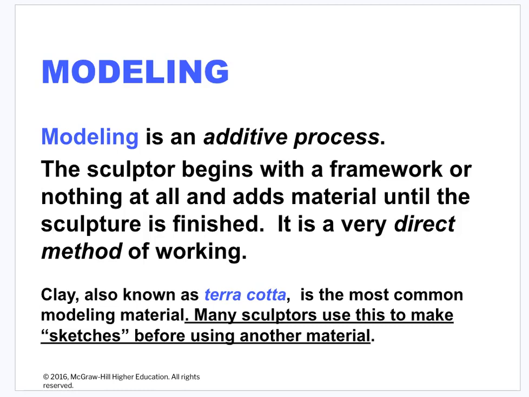But it is the most common modeling material, and it's been used for thousands of years because it is something that's just common to dig up out of the ground and then create work out of it. So clay in general is really the most common modeling material, and then terracotta is historically what you'll see oftentimes, especially in ancient sculptures, things that have been excavated from old cultures, ancient cultures around the world.